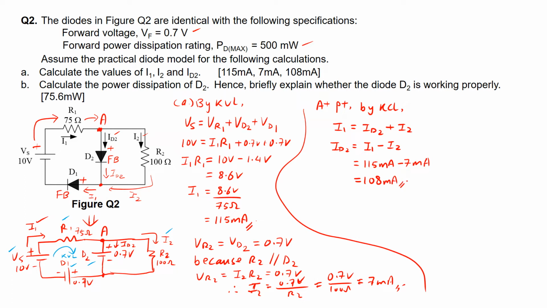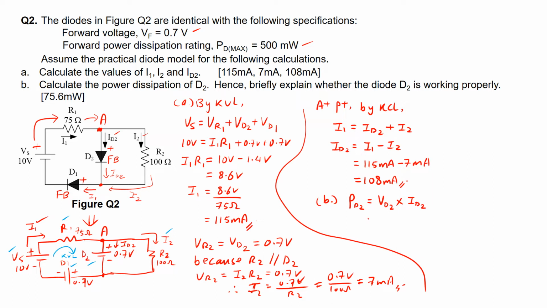On to part B. For part B, we are supposed to calculate the power dissipation of diode D2, which I just put as PD2 here. To calculate the power across the diode D2, we need two parameters: the voltage across the diode itself, VD2, multiplied by the current ID2, which is the current passing through the diode D2.